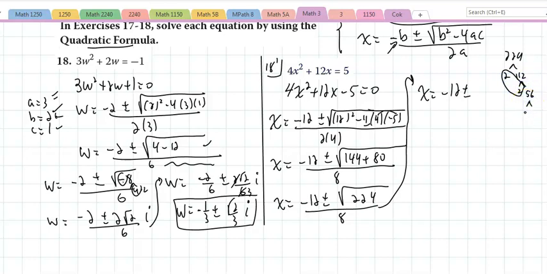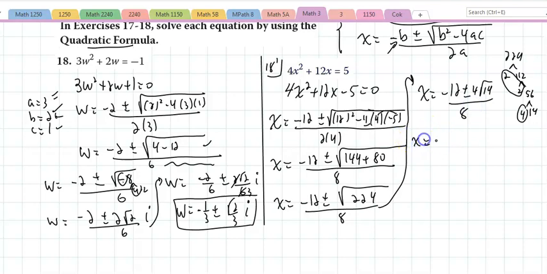And 4 divides 5 1 time, 4 divides 16 4 times, so there it is. This is actually 16 times 14, 4 radical 14 divided by 8.